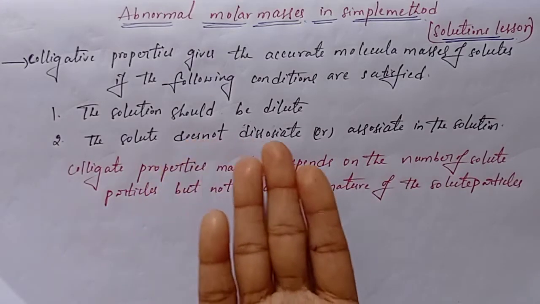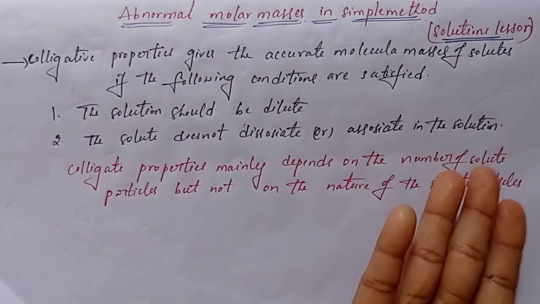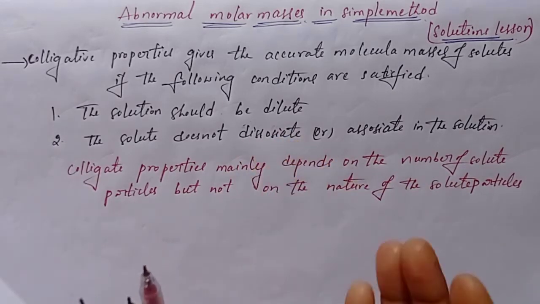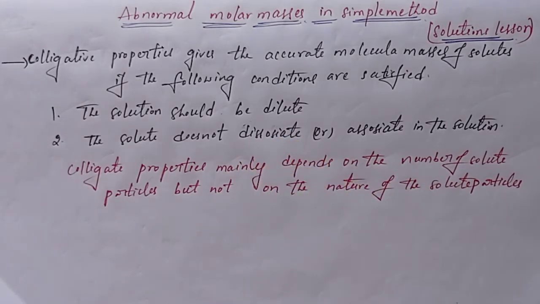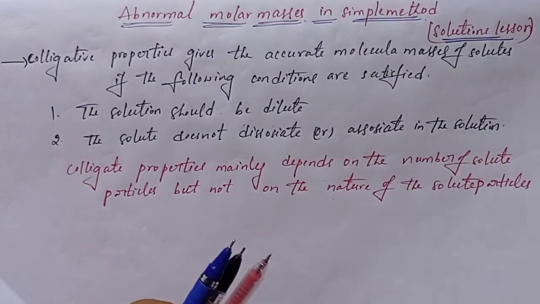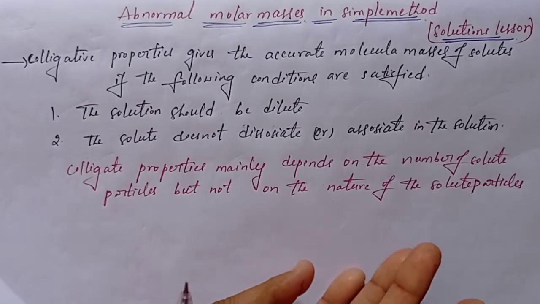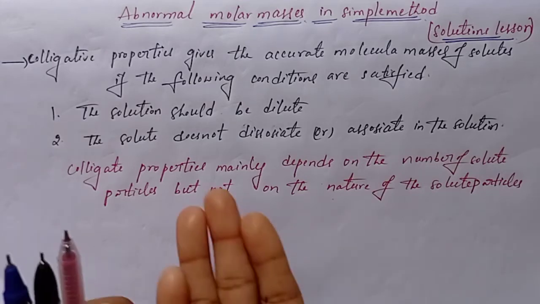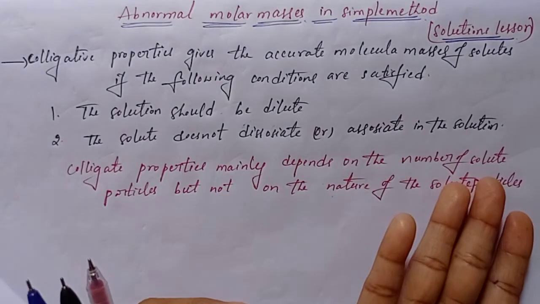If the solute undergoes dissociation, the number of particles increases. If it undergoes association, the number of particles decreases. Then there is a change in the colligative properties.